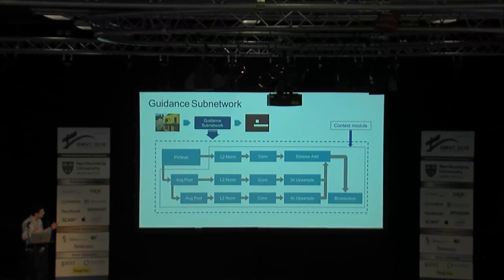You want to increase the receptive field of your CNN because you don't know the shape of the text. If you see this context module, it's basically like an FCN. You do downsampling and conv, another downsampling and conv, and then upsampling, and I think they fuse the information by adding.